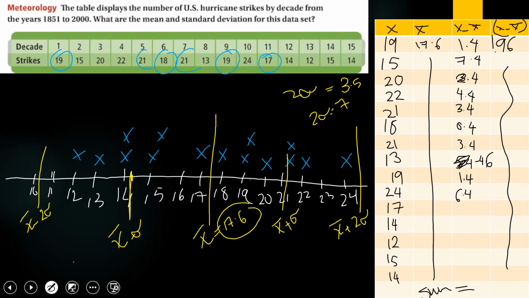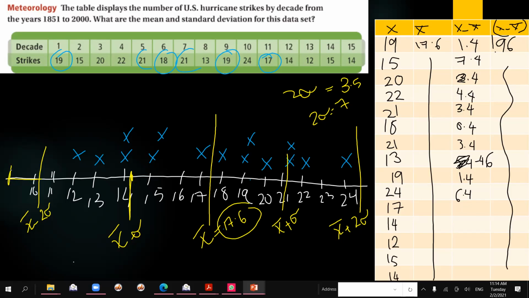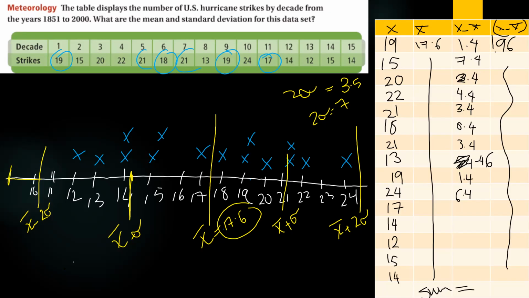You will look here, you find mu minus 3 sigma, that means 17.6 minus 3.5 times 3, and here we have 7.1. So at 7.1 or 10, there is no value.